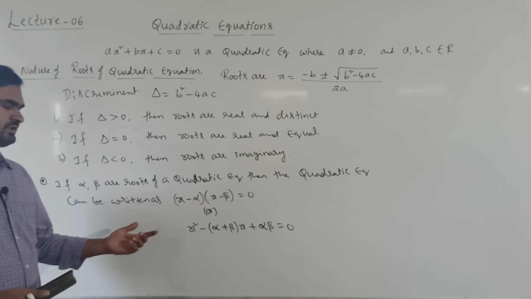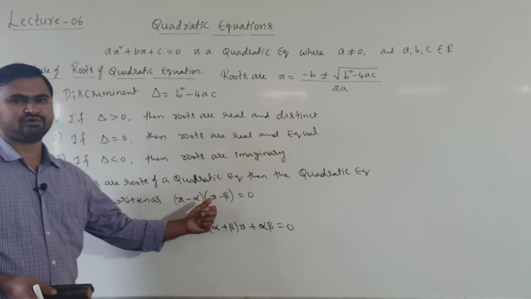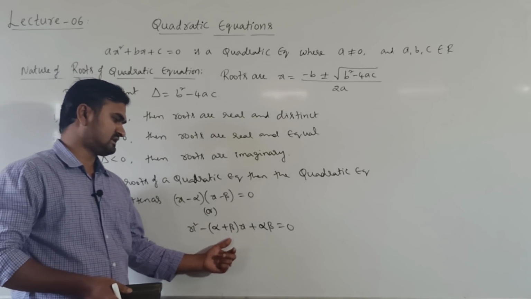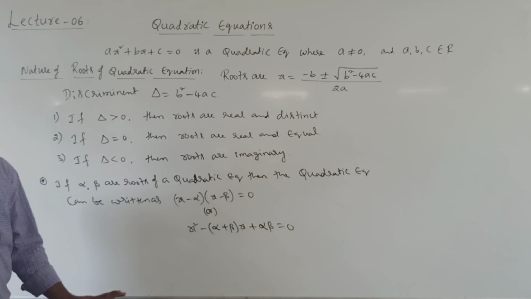Important point: sometimes in applications roots will be given and we need to find the quadratic equation. So the equation will be written like this: x square minus alpha plus beta into x plus alpha beta equal to 0. Understand?